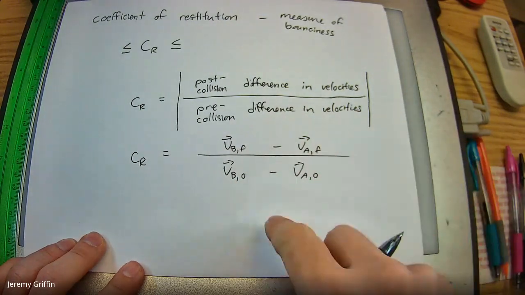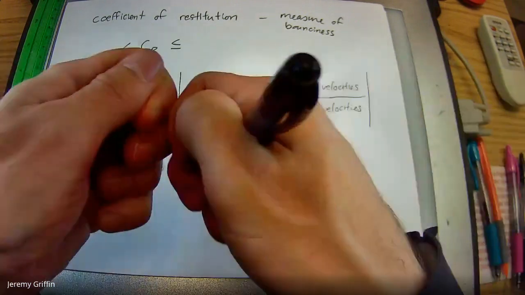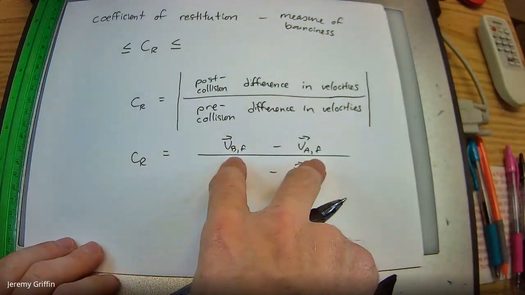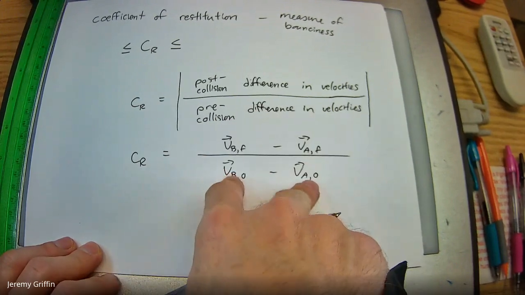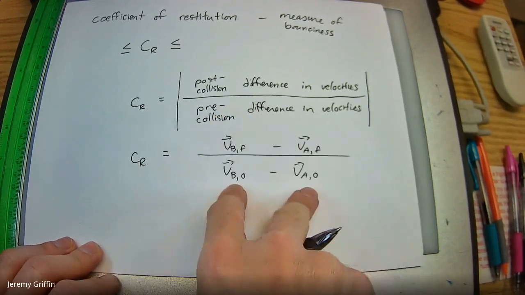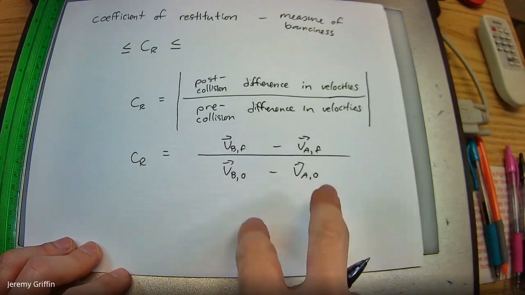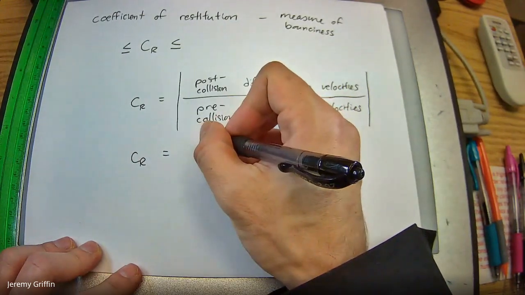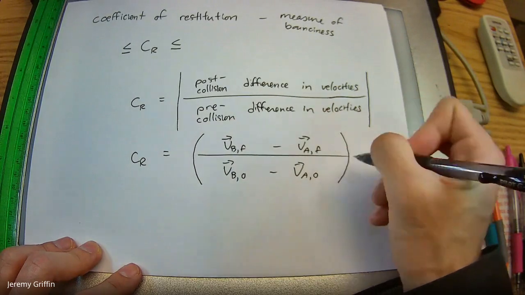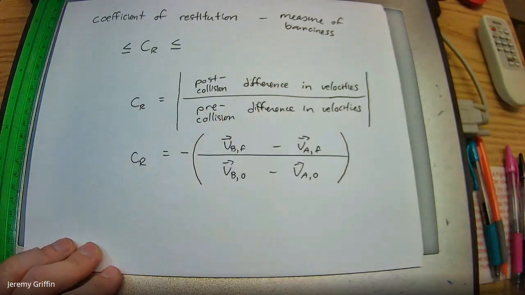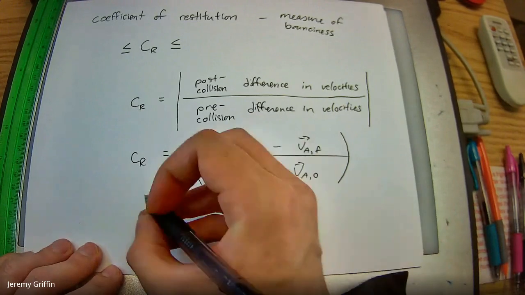Now the fact that these objects are bouncing off each other and changing directions, well, you can put in whatever numbers you want. This fraction will always come out to be a negative value. There are a couple ways of handling that. One way is, if it's always negative and you're taking the absolute value, isn't that the same thing as just changing the sign? That's one way to do it.